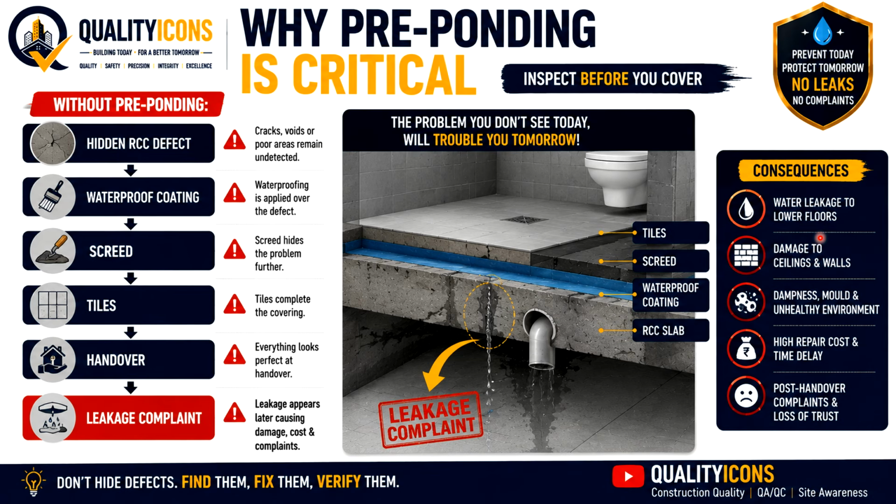Water leakage to lower floors, damage to ceilings and walls, dampness, mold and unhealthy environment, high repair cost, time delay, post handover complaints, loss of trust. These are the consequences.